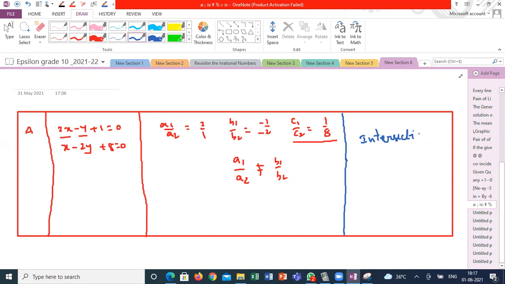That is, if the x coefficient of the first equation divided by the x coefficient of the second equation does not equal the y coefficient of the first divided by the y coefficient of the second, then it is called intersecting lines, and there is only one solution. What is that solution, guys? The point of intersection of both the lines. If I am asked how many solutions or what kind of equations, then we have to say like this. What I'm saying? Yes, sir.